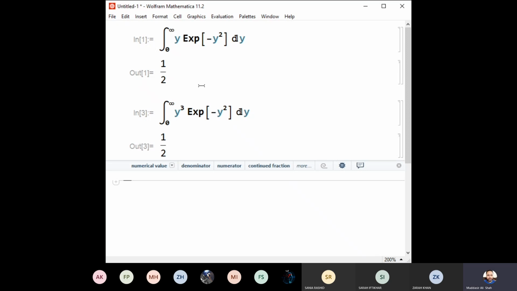This is again 1/2. So y exponential minus y square, or y cube exponential minus y square, that is giving me 1/2.